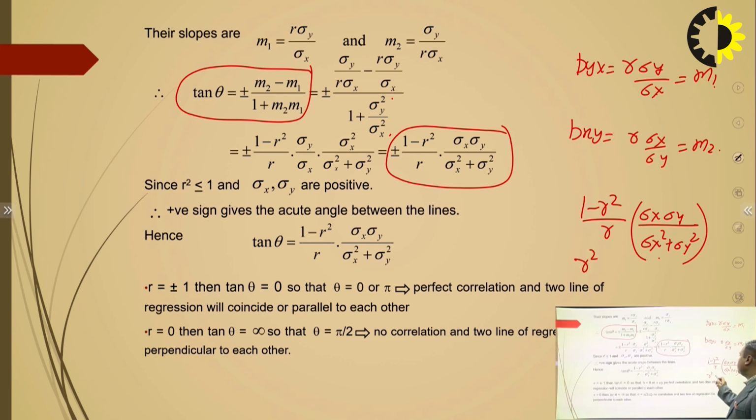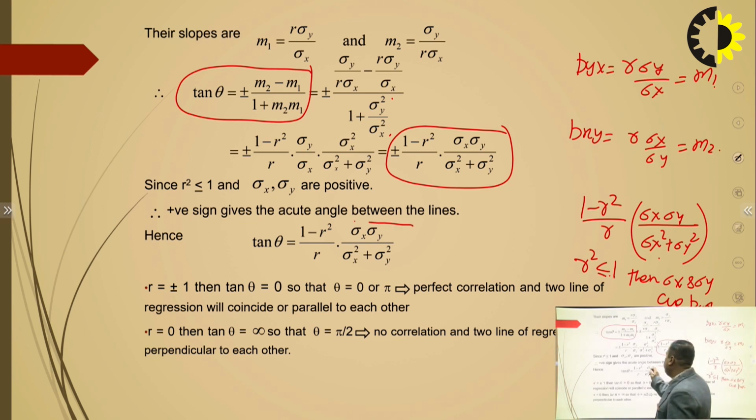If r square is less than 1, then sigma x and sigma y are positive, so we have the positive value for tan theta.